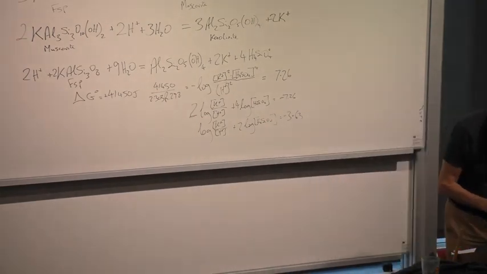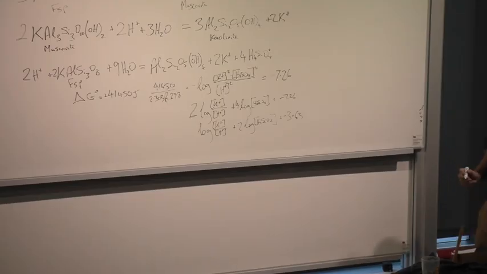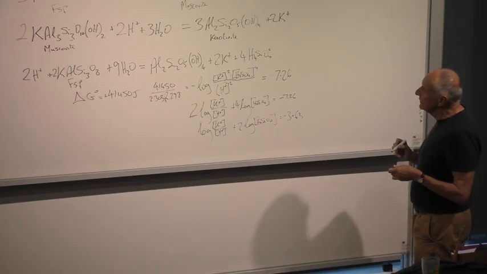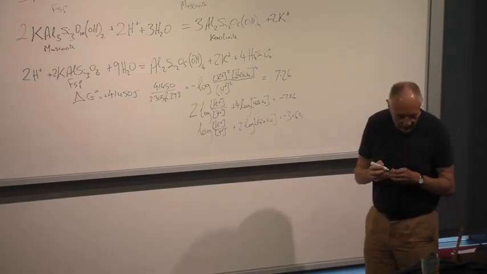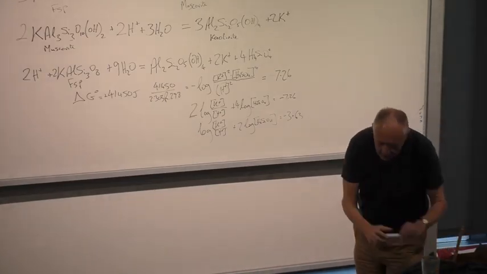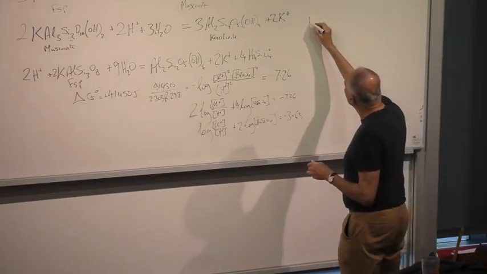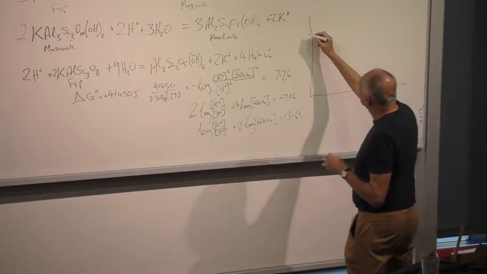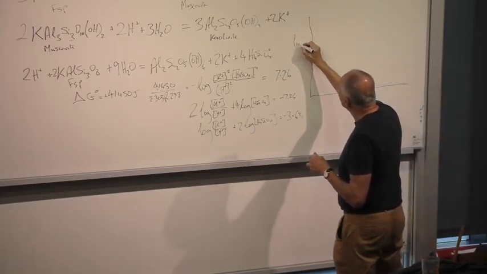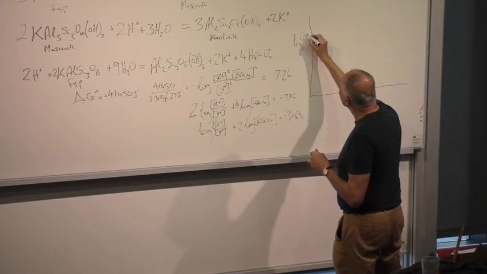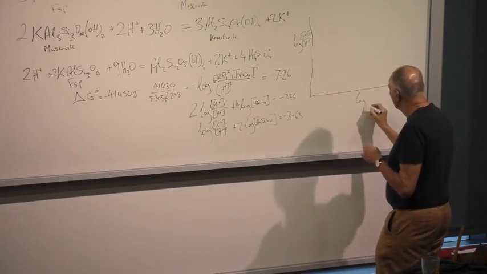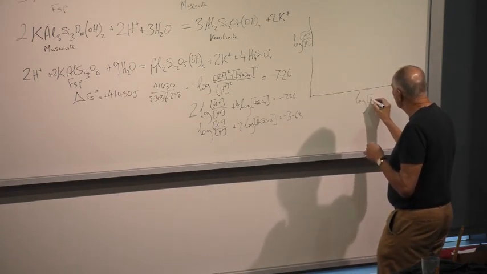So I showed you how to plot that on a diagram of K plus over H plus. Where shall I put this diagram? Let's put it here, I think. Log K plus over H plus against log H4SiO4.